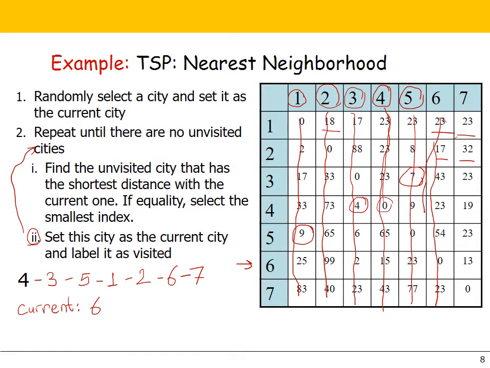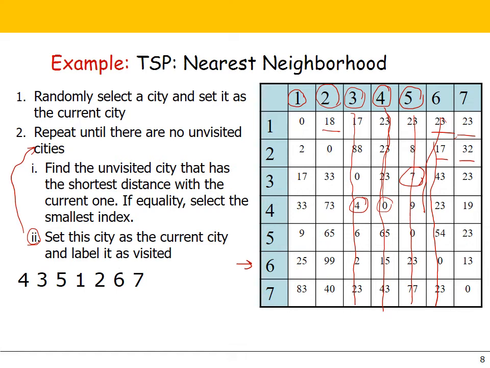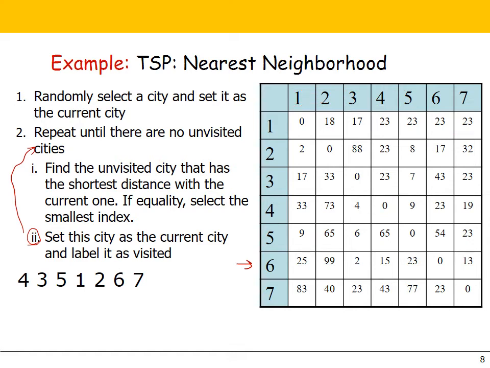So this is how this algorithm works, but the question is, what is the objective function value corresponding to this solution? Let me write all these in this way: 4, 3, 6, 7. How shall we find it? We will find it from this matrix. Basically, we will follow this route. From 4, we are going to 3, so the distance here is 4 units.